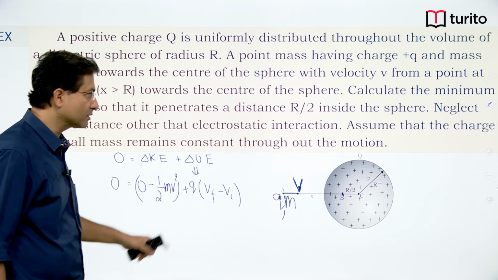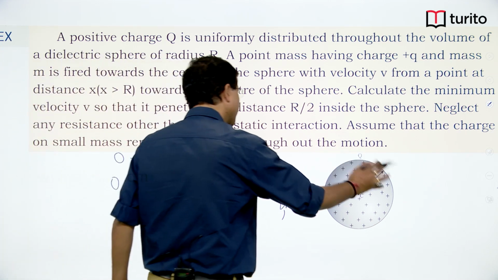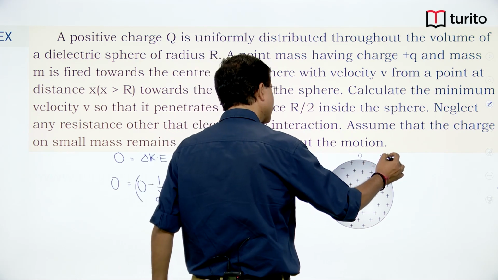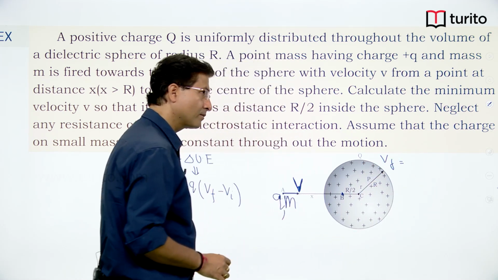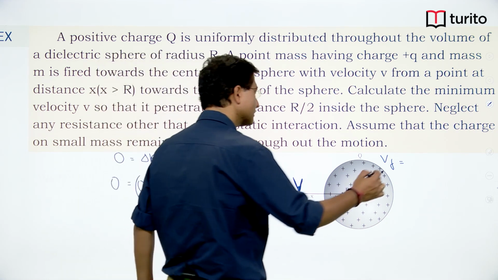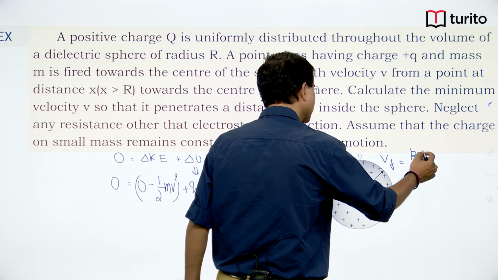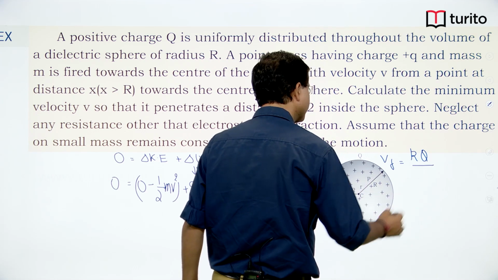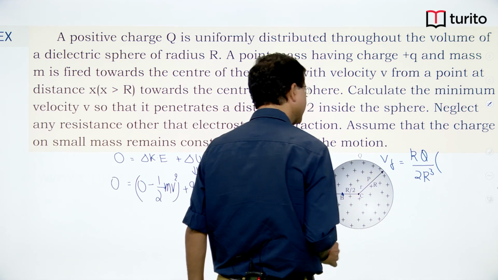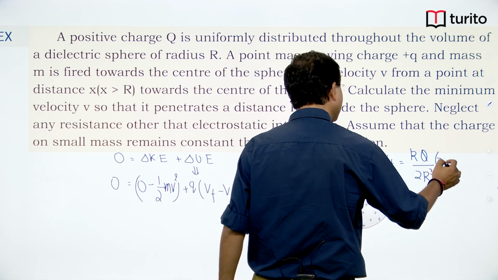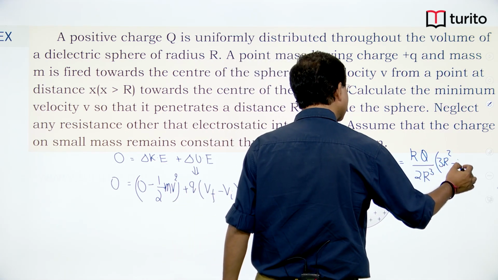So, final potential because of this sphere, when the particle is inside, we know the formula, that is k q divided by 2R cube in bracket 3 capital R square minus small r square.